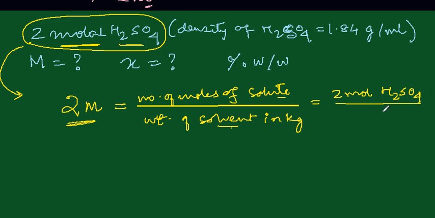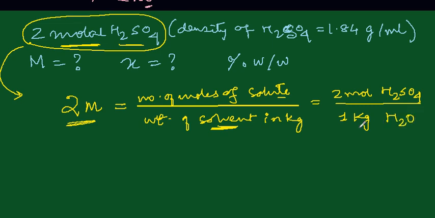And like I have mentioned earlier, if the solvent is not specified, it means the solvent by default is water. Since it's about moles per kg, we have got 1 kg of solvent, and instead of solvent we can write water.